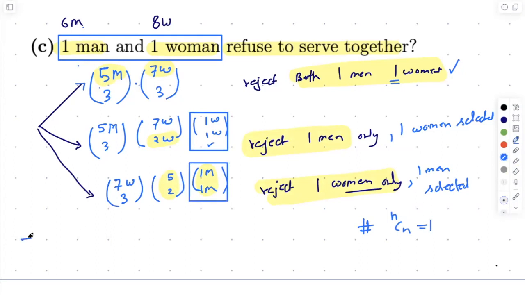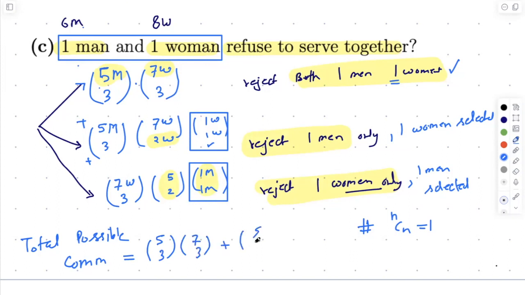So now the total possible committees are going to be the sum of these three cases. Let me write it: 5C3 times 7C3 for the first case. Second is going to be 5C3 times 7C2.